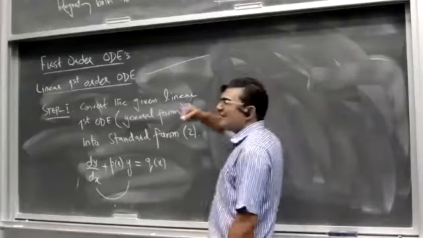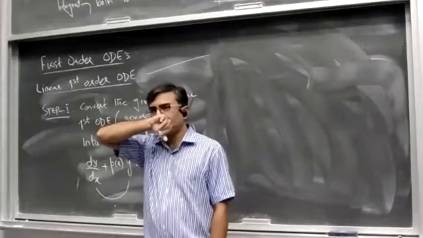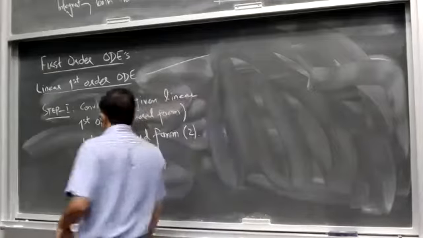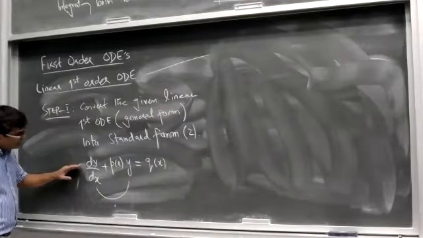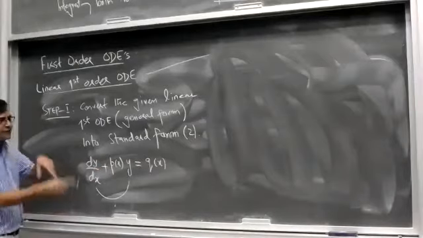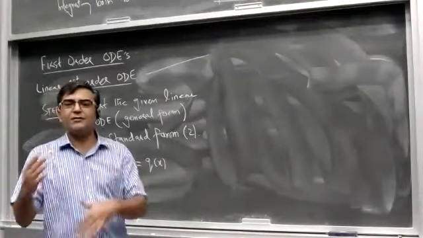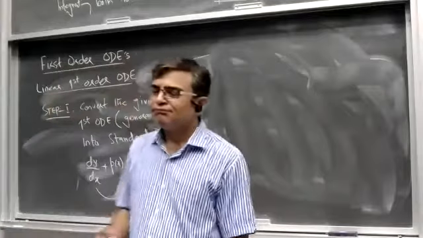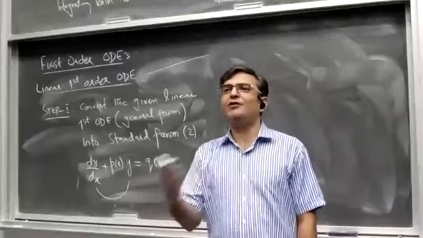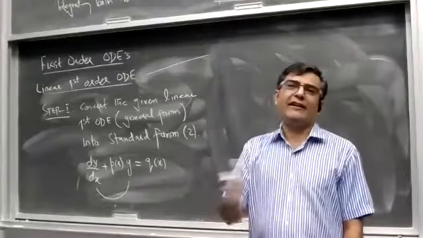We try to find some function such that if we multiply the left-hand side with that function, it becomes feasible for us to integrate, and then we cancel out the derivative and integral.